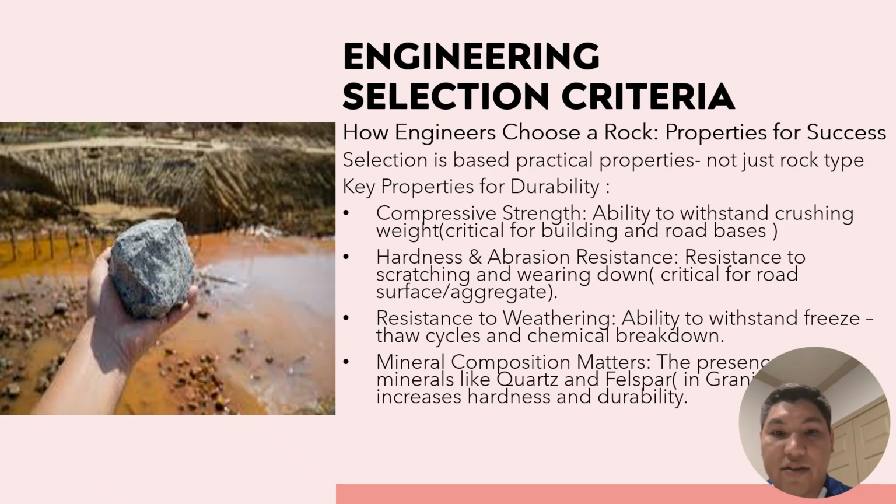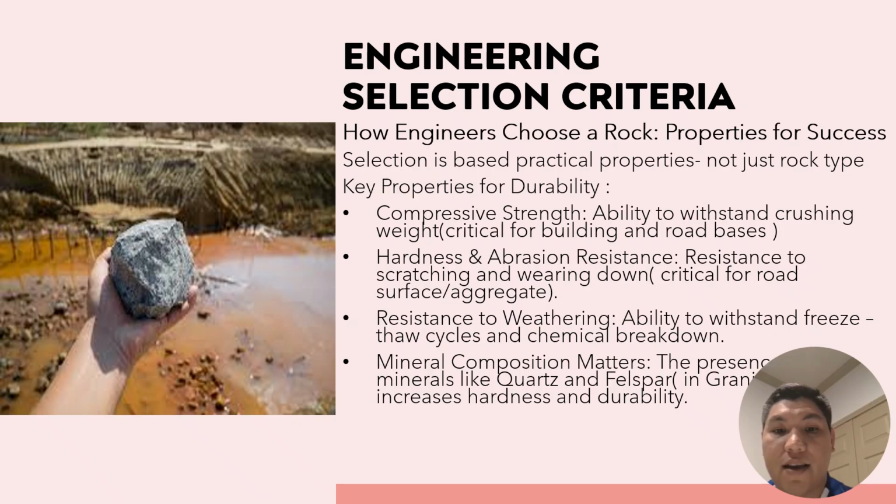The engineering selections, the criteria: how engineers choose a rock by its properties for success. The selection is based on the practical properties, not just the rock type. The key properties are durability, compressive strength, the ability to withstand crushing from the weight, critical for buildings and road bases.